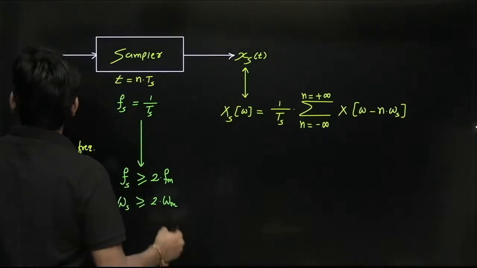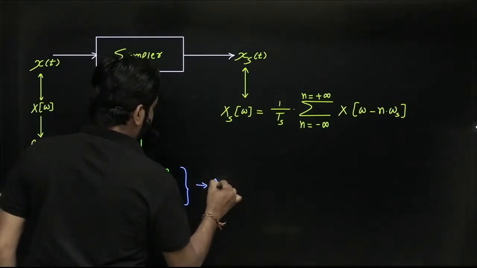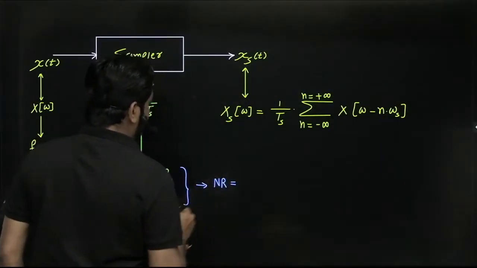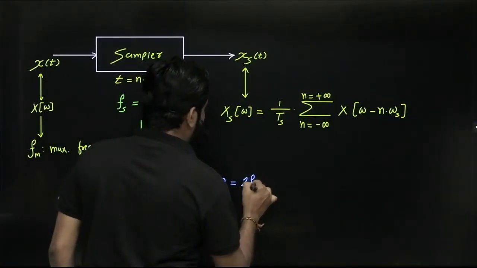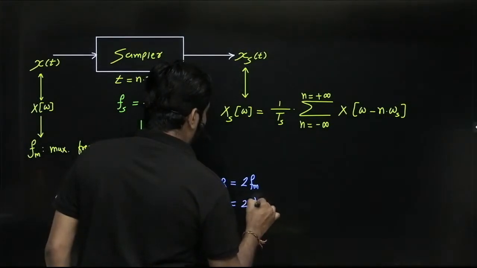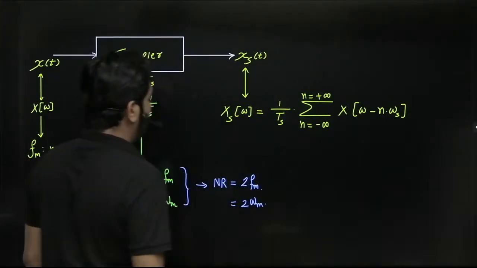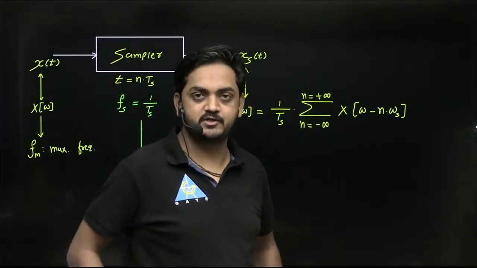The minimum sampling rate is the Nyquist rate, which is twice fm, or twice omega m. This is the minimum sampling rate needed to reconstruct the original signal without any distortion.